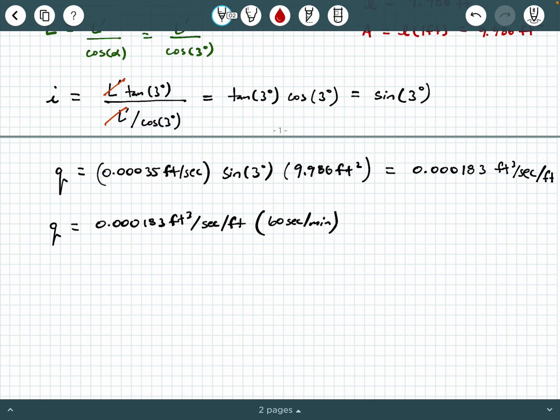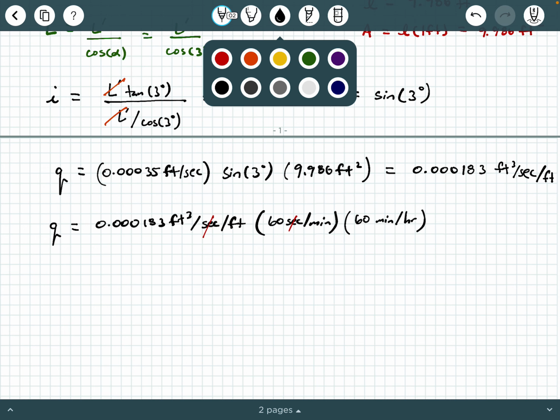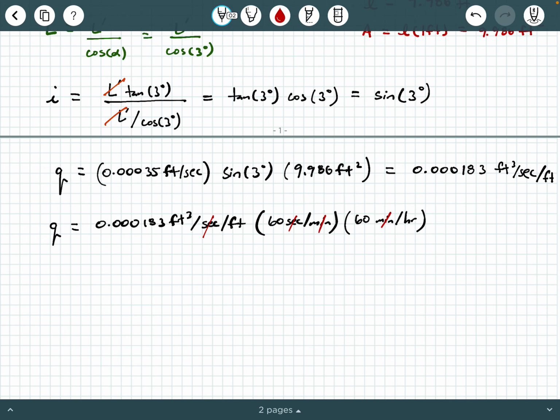So we see that the seconds cancel there, and then we can say multiplied by 60 minutes per hour. And then, of course, we would see that those minutes cancel, and we would finally calculate a value of, say, times 60 times 60. So I get 0.659 cubic feet per hour per foot as my final answer of the flow rate.